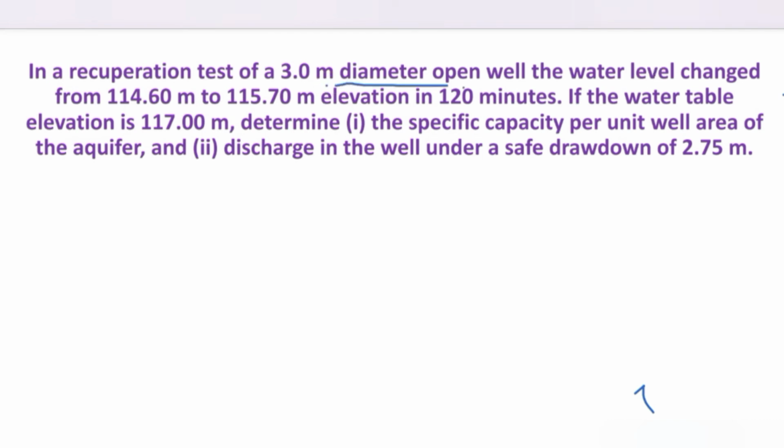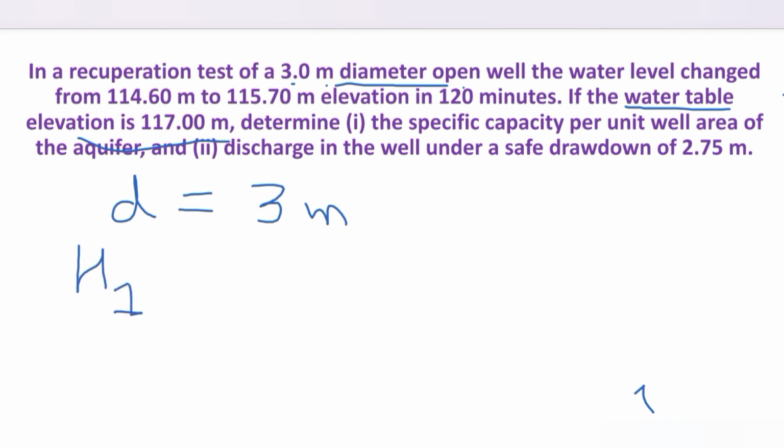Here, the diameter of the open well is 3 meter. That is D is equal to 3 meter. The water level changed from 114.6 to 115.7 meter elevation and the water table elevation is 117 meter.